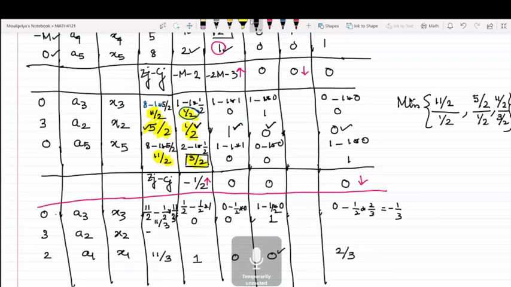It was initially 5/2 minus half into 11/3. So how much does this come to? Minus, this is 2/3, correct?